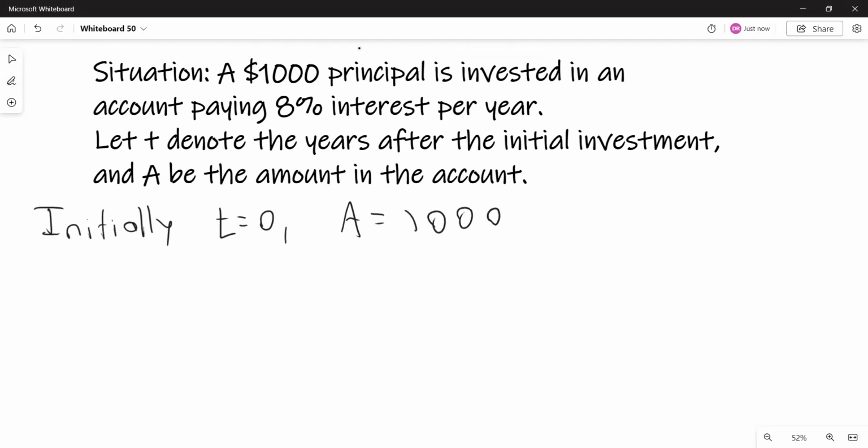After 1 year, T is equal to 1. So after 1 year, the account will have earned 8% of the previous amount. And we're assuming that we're not making any other deposits or withdrawals. So after 1 year, it's going to be 1,000 plus 8% of 1,000. You know that 8% is 0.08.